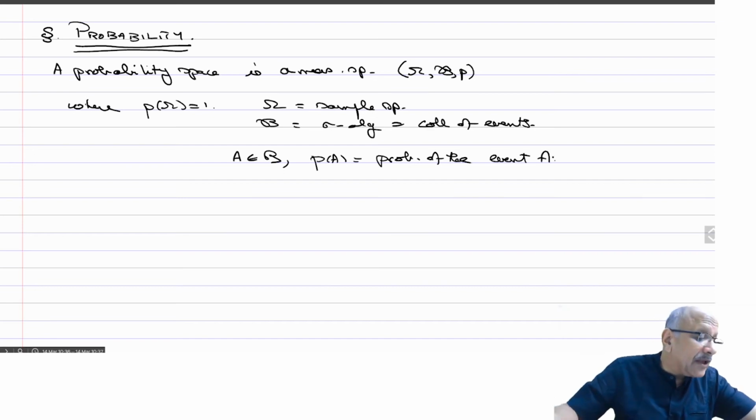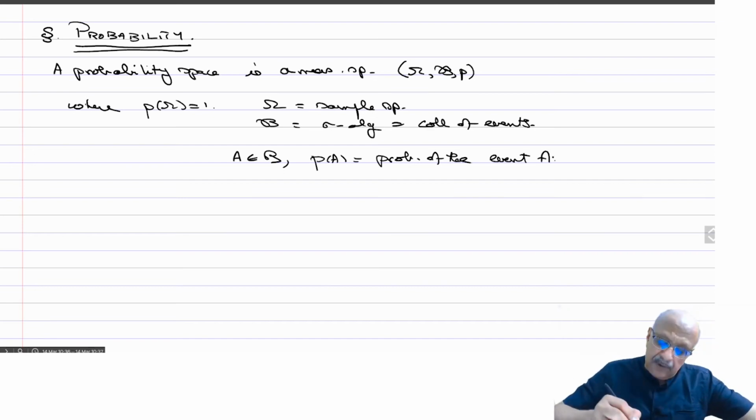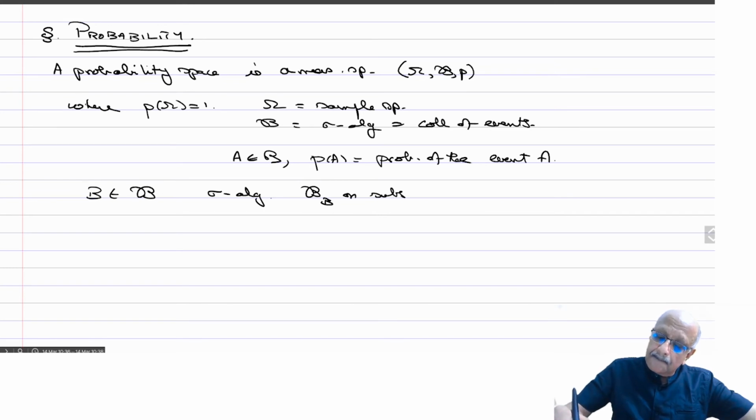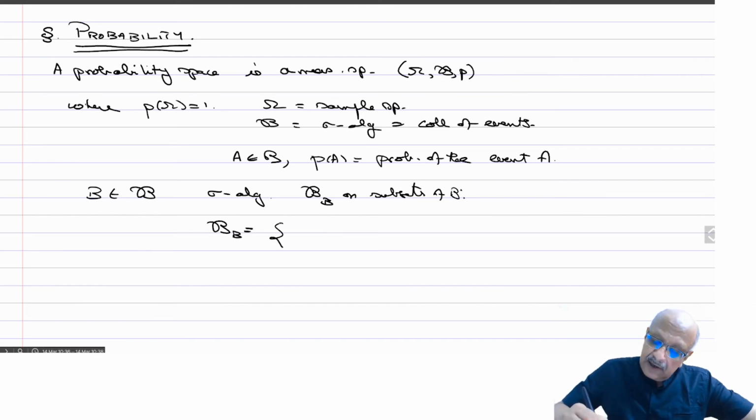Okay, so now if B is an event, then you define a sigma algebra B_B on subsets of B. We have already done this when defining the integral over a subset. So B_B is nothing but the set of all intersections A intersection B, where A is an event.